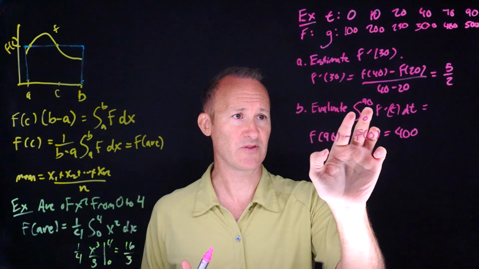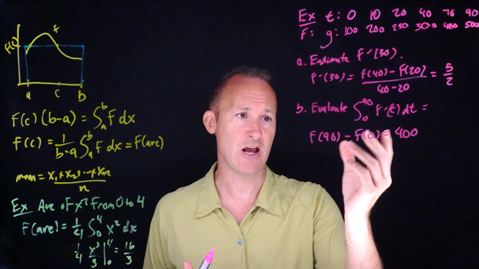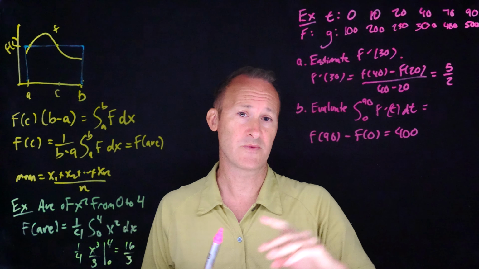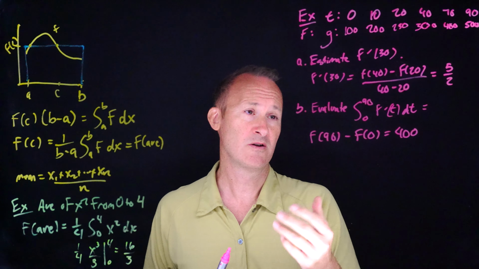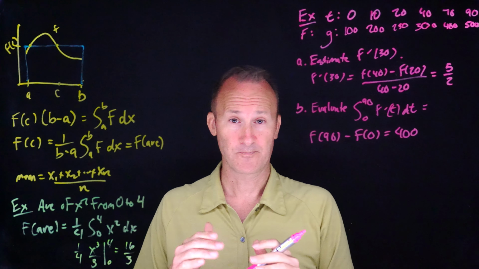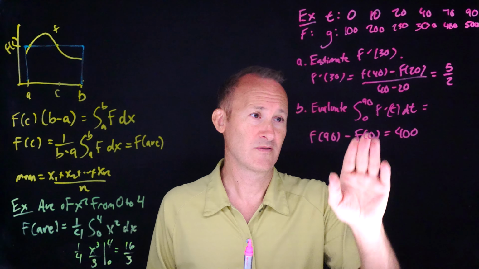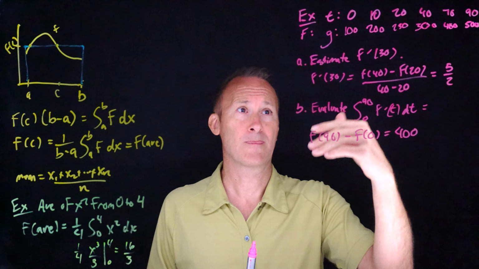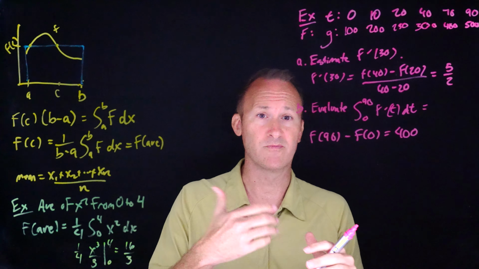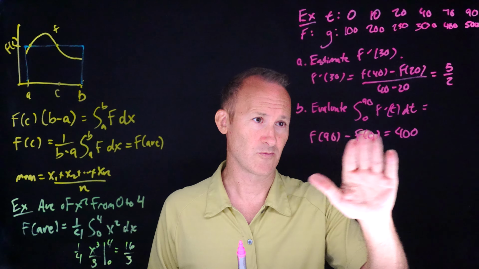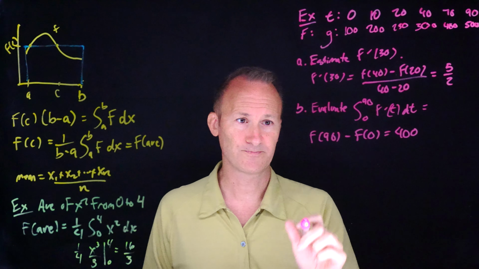But then you can interpret it in the context of this integral, saying let's sum over time, over the first 90 seconds, the rate of change of how many gallons are entering per second. And we get a total of 400.